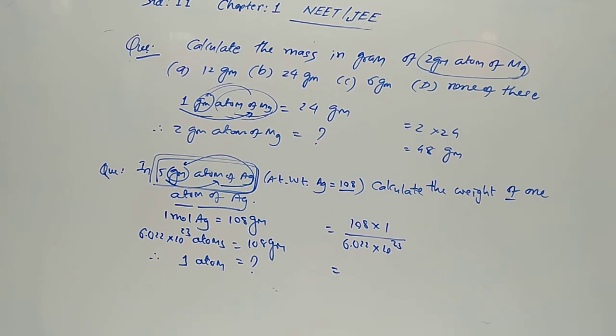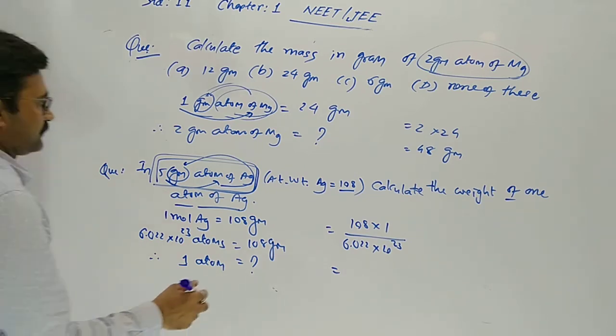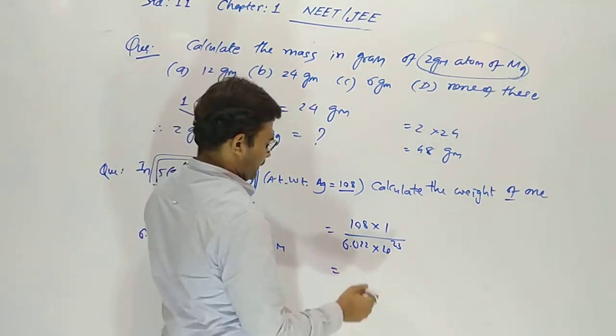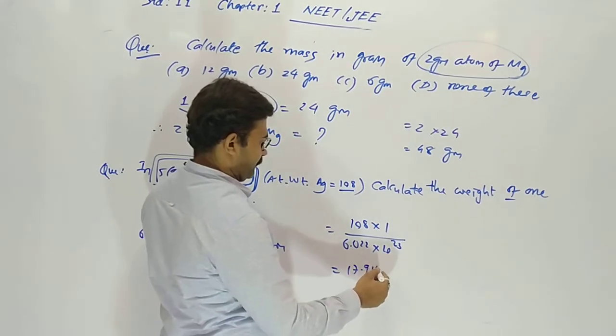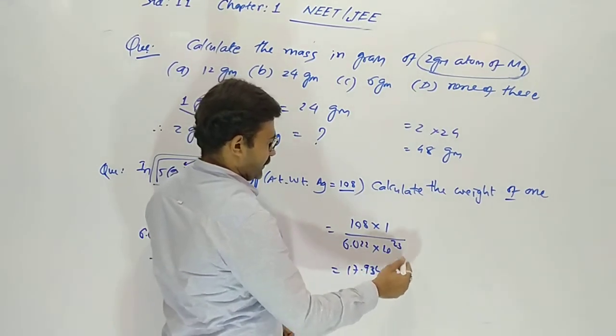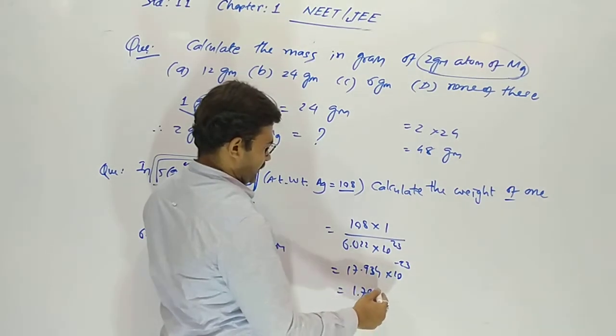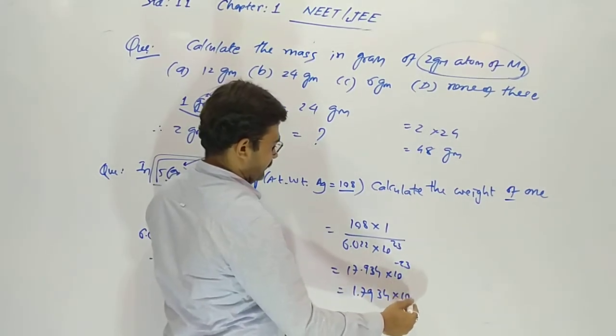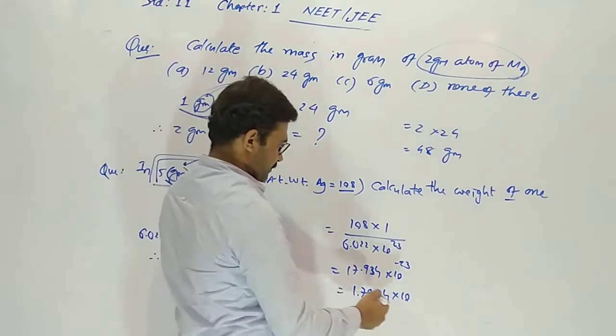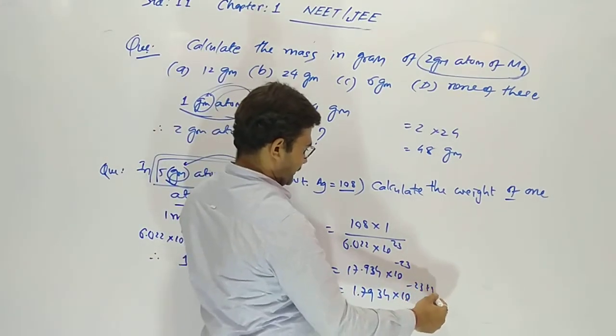108 is the atomic mass of silver, divided by 6.022, which gives 17.93. Here the division gives 17.934 and 10 raised to 3 moves up, so 1.7934, where the decimal moves by one digit.